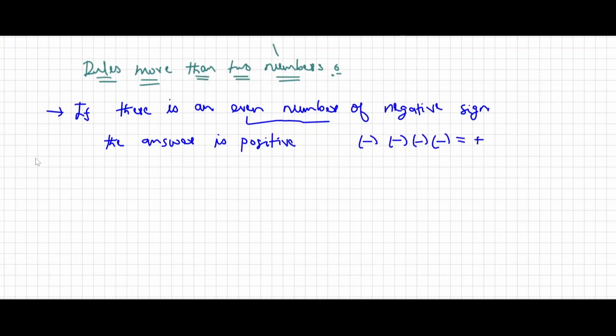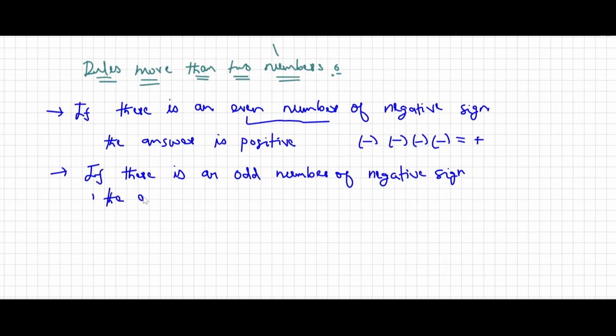So if there is an odd number of negative signs, then the answer is a negative.